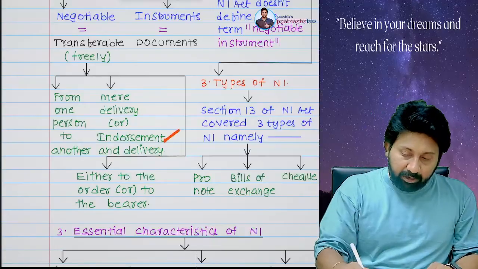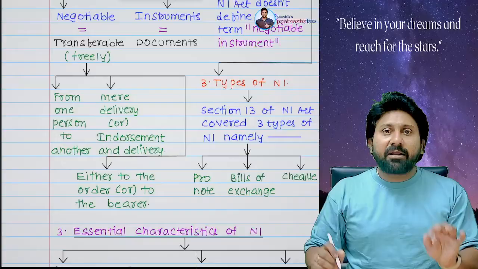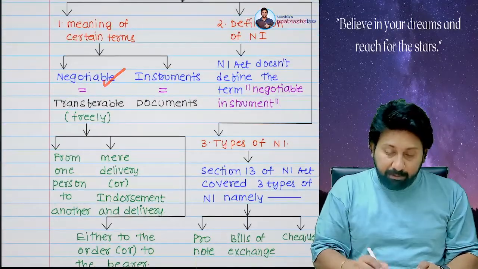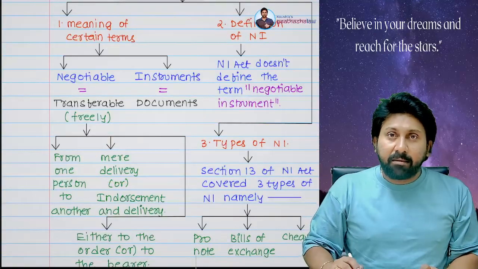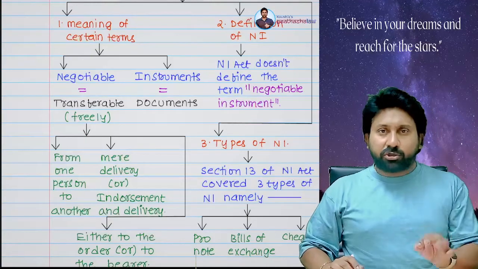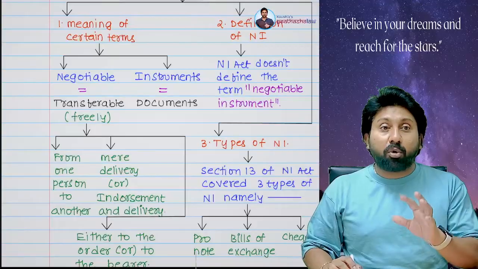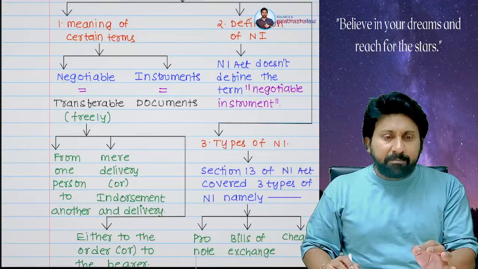Now, bearer instruments are negotiable by mere delivery. Bearer instruments are those instruments which are transferable from one person to another person, and the ownership will be transferred just by bearing it.